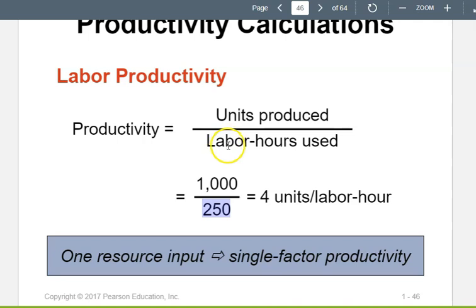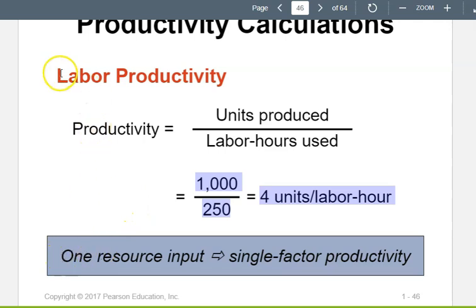Sometimes the labor and hours are given separately, then you will have to multiply them. Remember that depending on how the question gives you the information, you need to calculate that denominator differently. So in this case, labor hours is given as 250, and units produced is given as 1,000 units. You just divide it. So productivity is 4 units per labor hour.